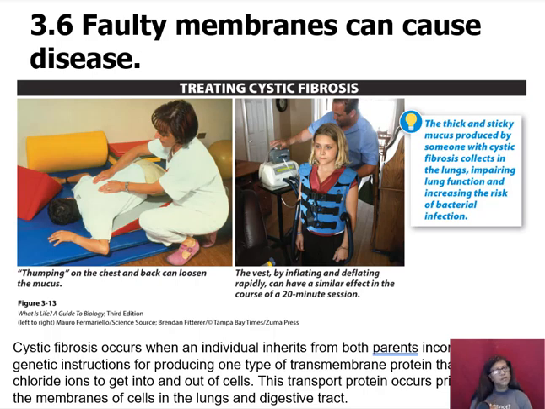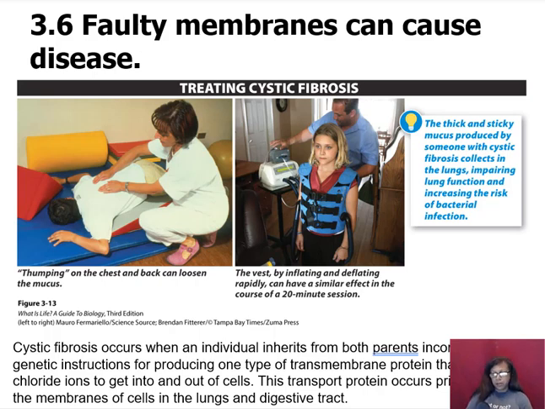So one transmembrane protein that is the gatekeeper for chloride is faulty, it's defective, right? Now, this transport membrane occurs primarily in the membranes of cells in the lungs and the digestive tract. And so you would think, big deal, why do I care if that transmembrane protein doesn't work?